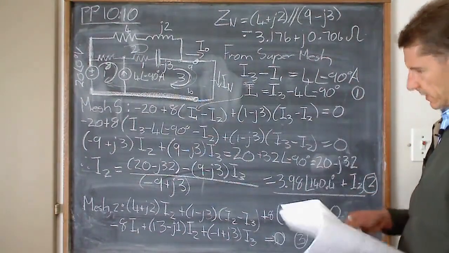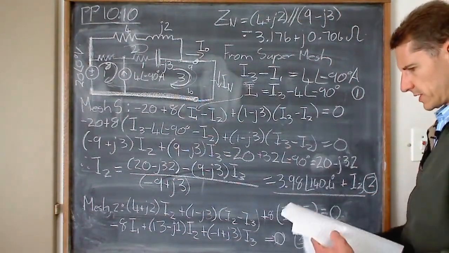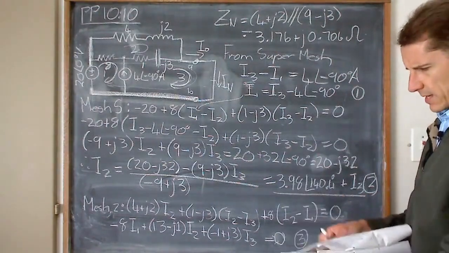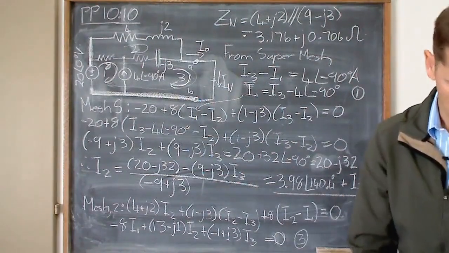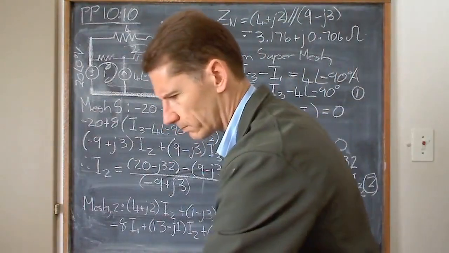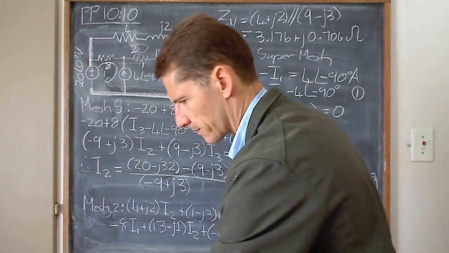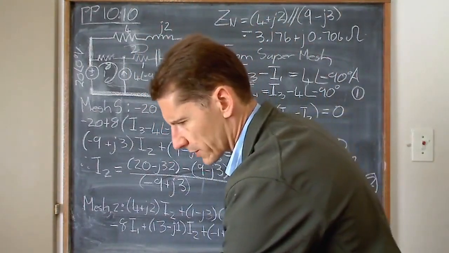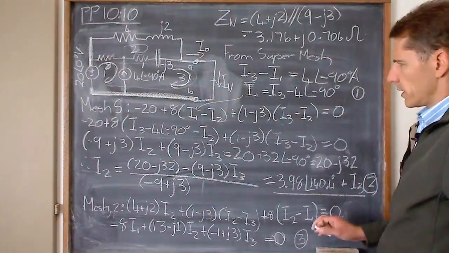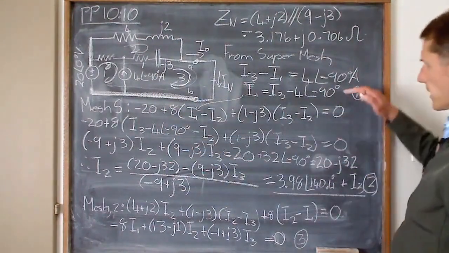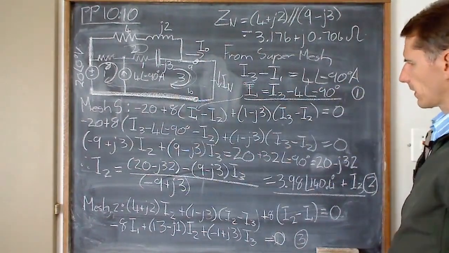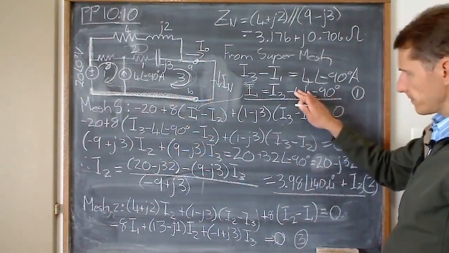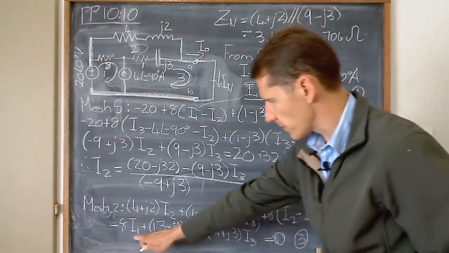So next in the substitution process, and again for the sake of time, I'm not going to write everything out, because it's now just number crunching. Now you're going to take equation 1, substitute it into that I1.